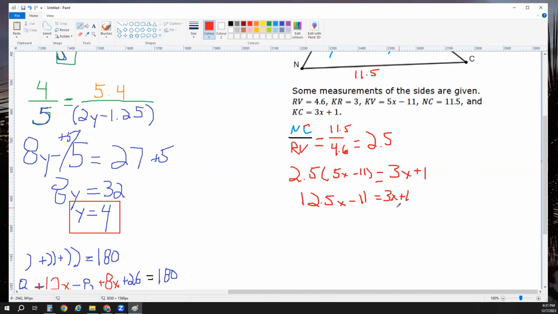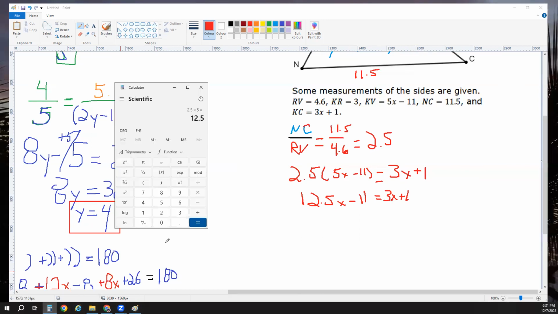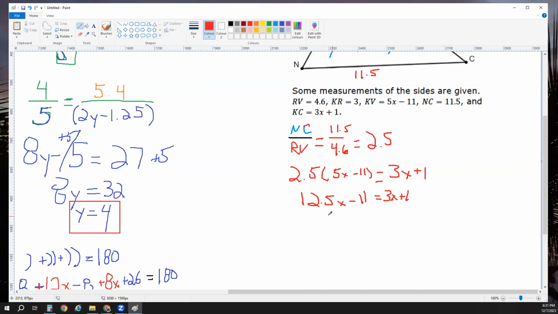All right. Now we'll go variables left, constants right. 12.5x minus 3x is 9.5x, and that's going to be equal to 12.